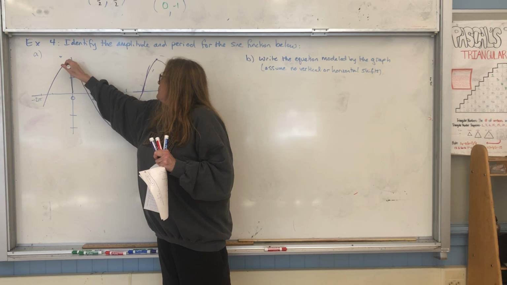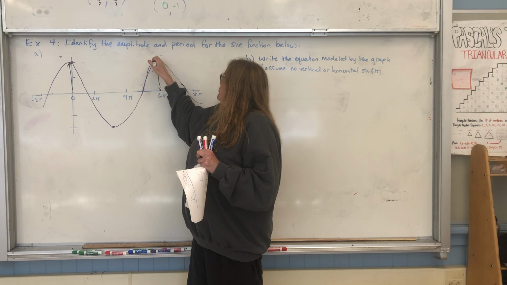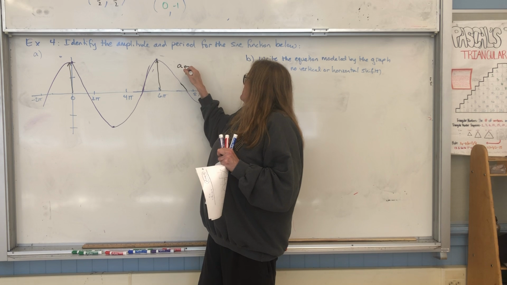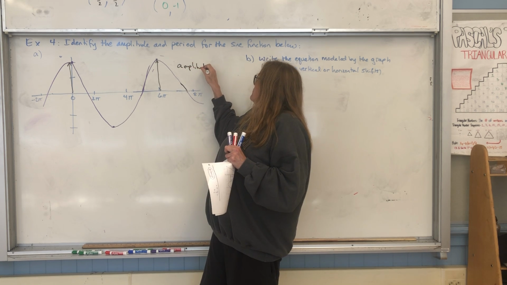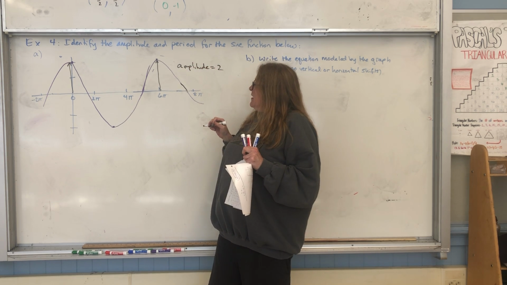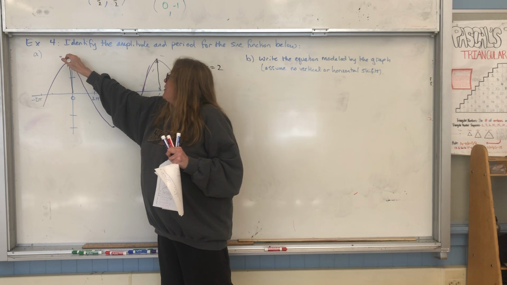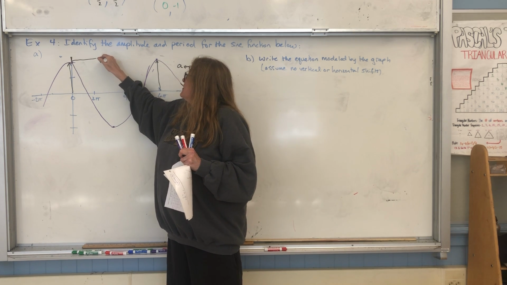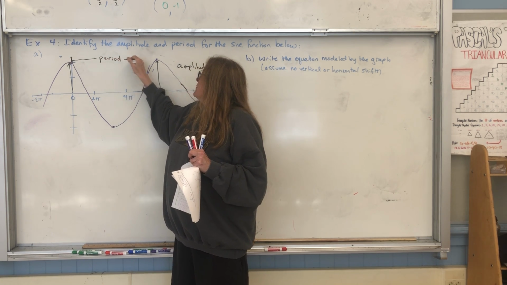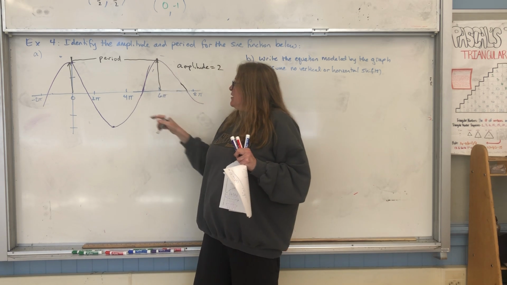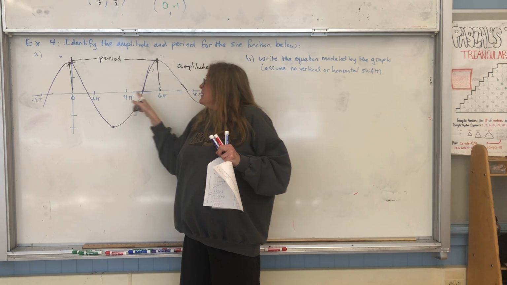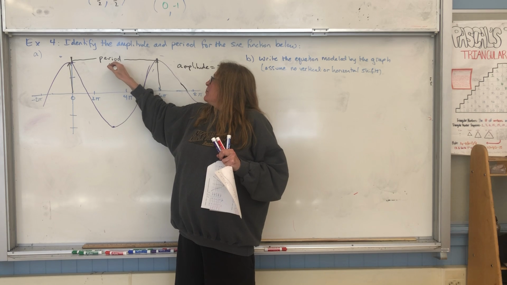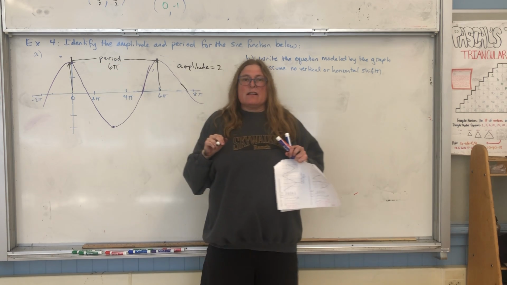Well, it looks like the amplitude here is 2. Right? And the period is going to go from mountain to mountain. So the period goes from 0 to 6 pi. So our period here is 6 pi.